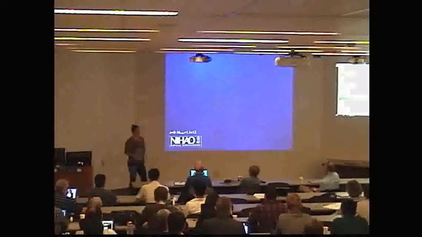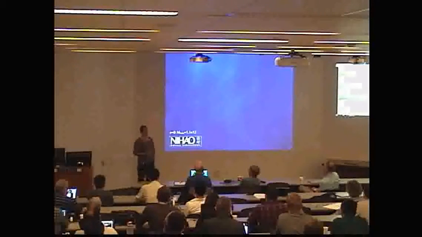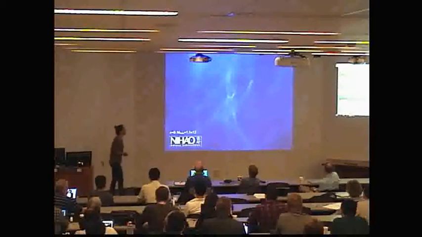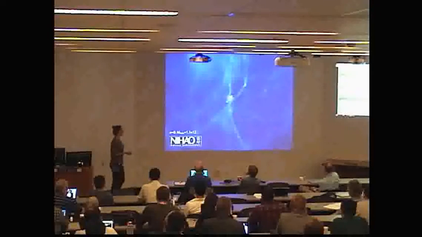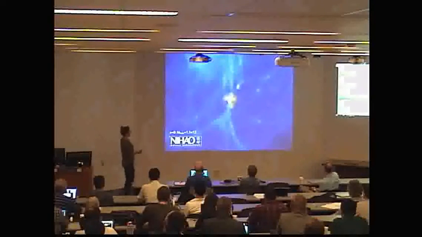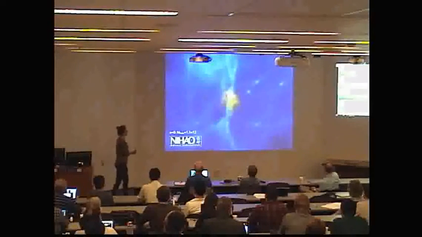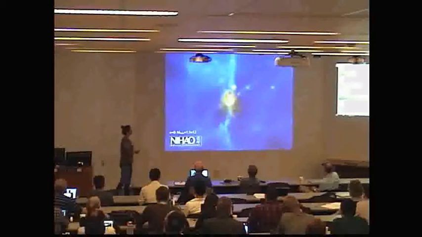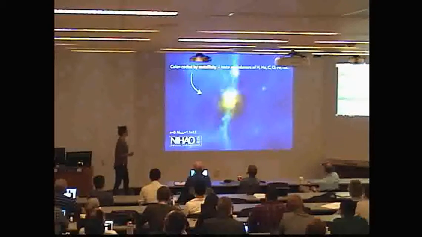And to compare those observations with our simulations, we have, so this is one galaxy forming also along a filament right here, and the color coding is by metallicity.